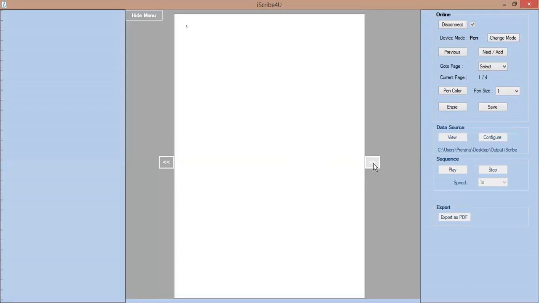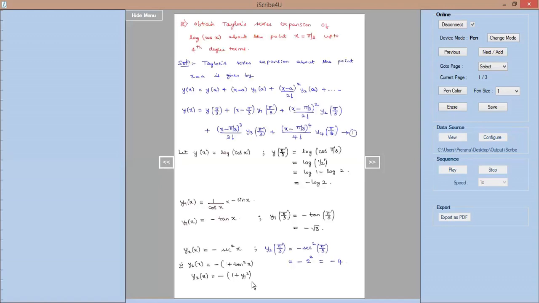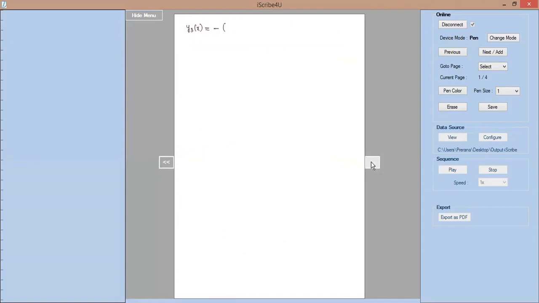So we have y3 of x is equal to minus of 1 plus y1 square, differentiation we have to do. Differentiation of 1, which is a constant, is 0. So we have 0 plus differentiation of y1 square is 2y1 into y2. I'll explain the differentiation once.